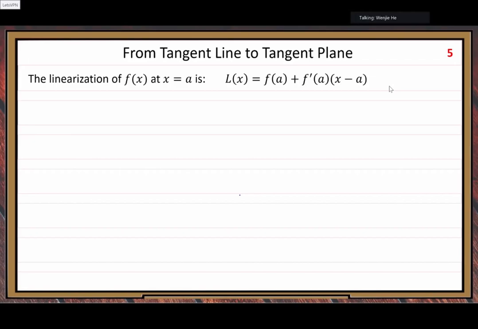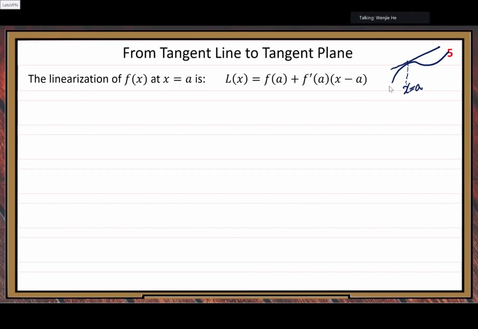If I draw the tangent line graph, you can see the idea easily. Suppose the f function is a curve like this. Then you draw the tangent line, and this is the point a, where x equals a, the tangent point.